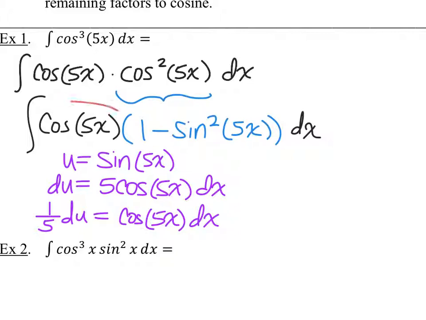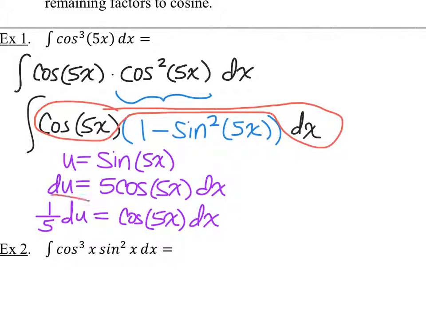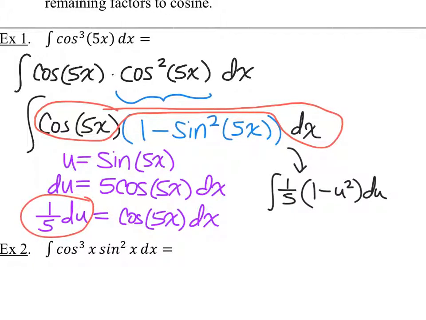So I got a clean substitution here. I don't know if this is the best way to do it, but I'll just do it like this. That is going to get replaced with this. So we're looking at the antiderivative of 1/5 times 1 minus u squared du.